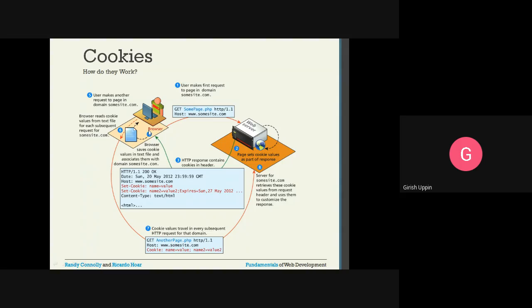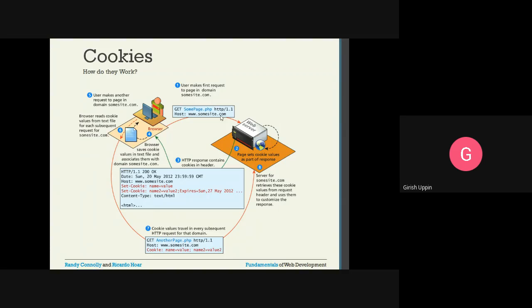In this example, these two values will be stored inside that text file, and the browser will make sure that this file is associated with www.somesite.com.